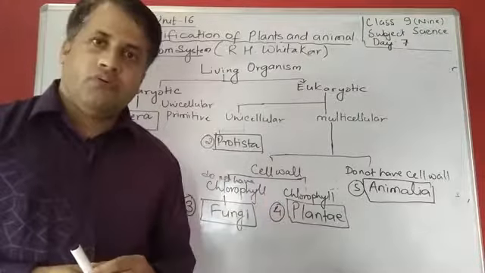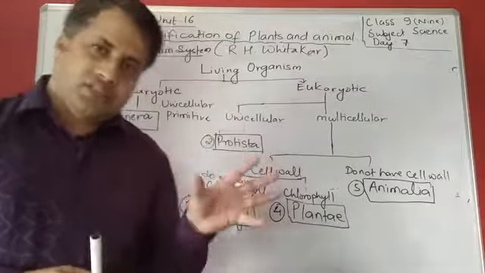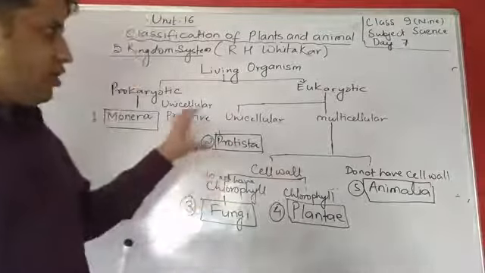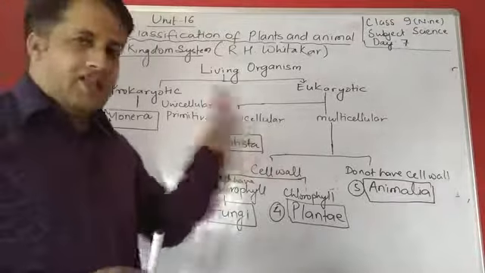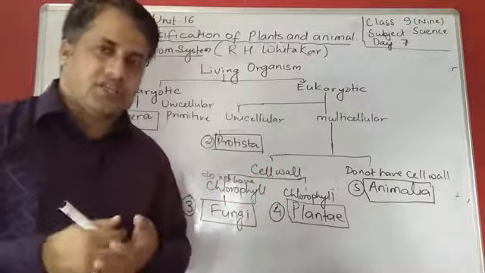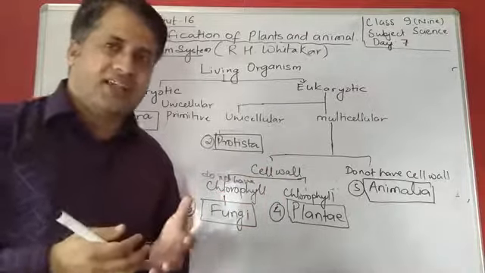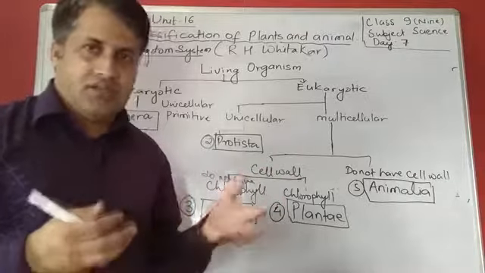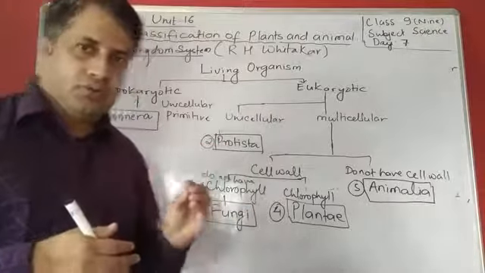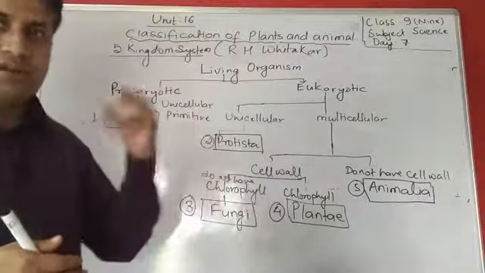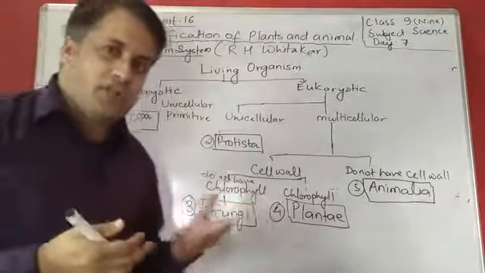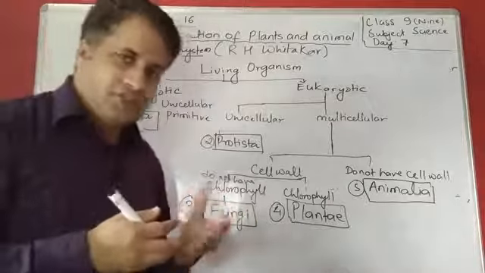Okay, so in this class we have studied how R.H. Whitaker had classified. Now in this topic we will discuss mainly the characteristics that animals, plants or microorganisms, or living organisms, possess, and why they are placed in a particular group.